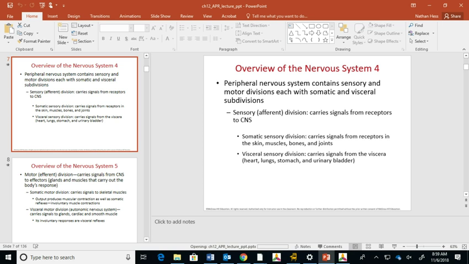The peripheral nervous system, which again is not the brain or spinal cord but everything else, all the other nerves, you can break into two separate pieces, the sensory and the motor. The sensory is also called the afferent, and the motor is called the efferent. So what do sensory nerves do? They sense.